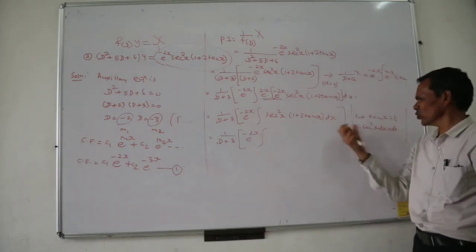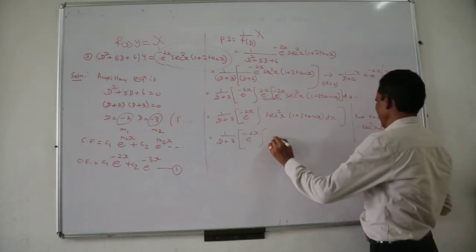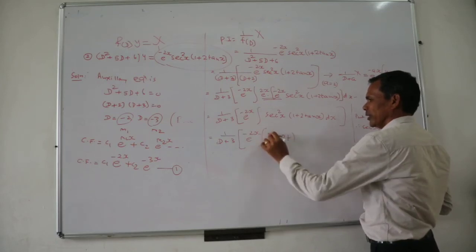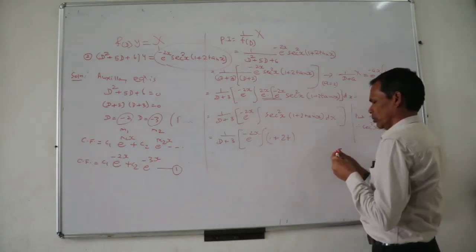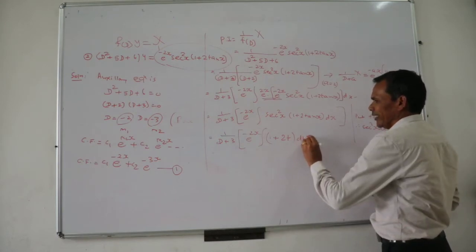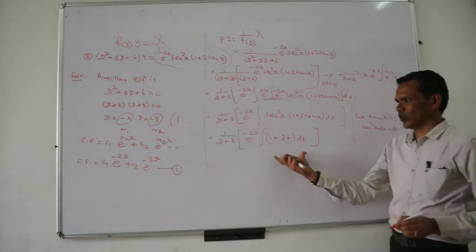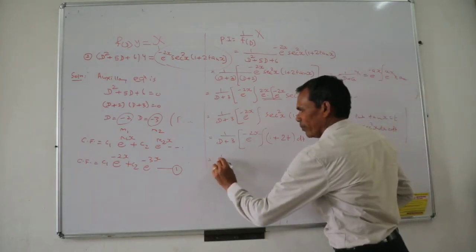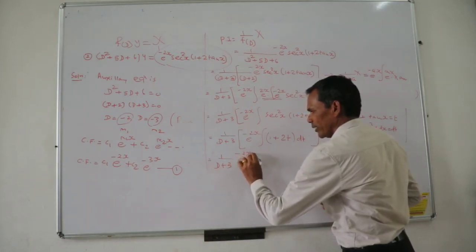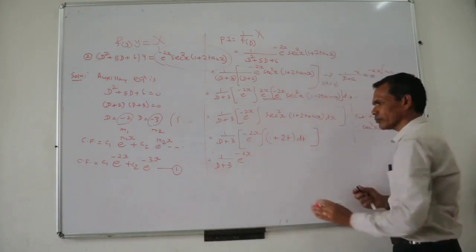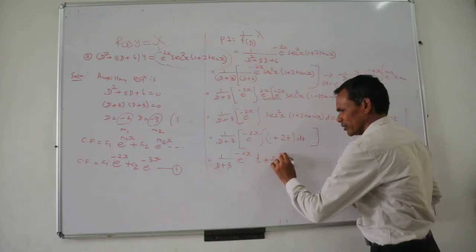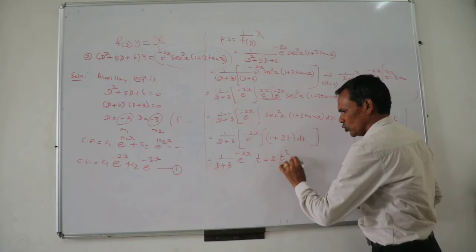Now if you observe, sec square x dx, I can replace it with dt, and 1 plus 2 times t into dt. So I integrate this. So I simplify this further. It would be 1 upon D plus 3, e raised to minus 2x integration of this, it is t plus 2 times t square divided by 2.